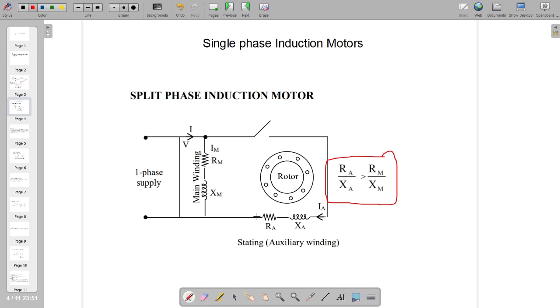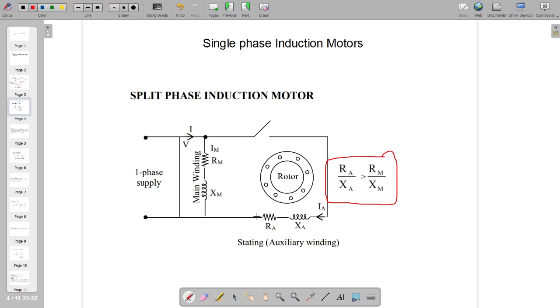So the main winding has low resistance and high inductance. The current Im in the main field winding lags behind the supply by nearly 90 degrees. The auxiliary winding has a resistance connected in series with it.